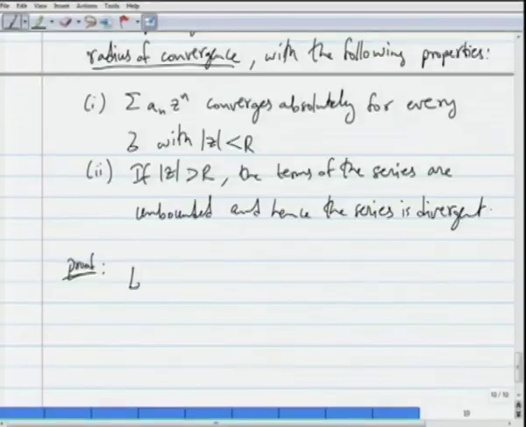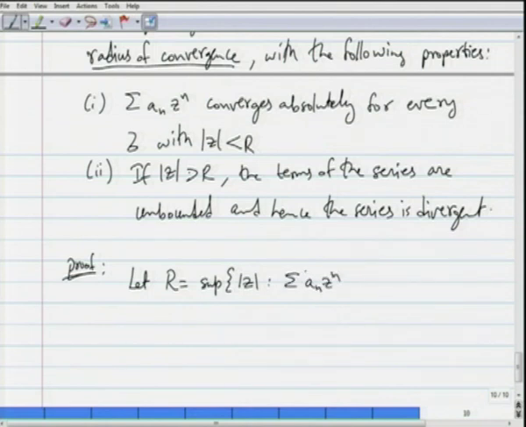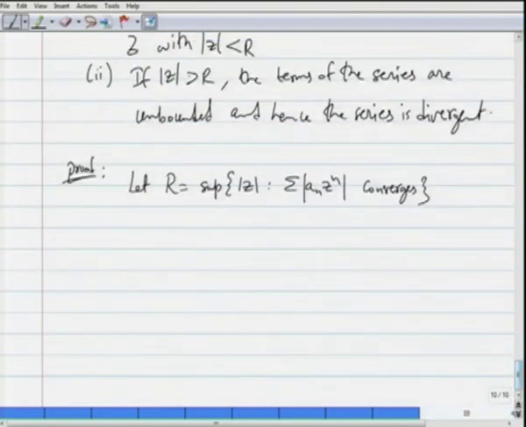So, the strategy is to let R be the supremum of the modulus of all such z's such that the absolute value series sigma a_n z^n converges.